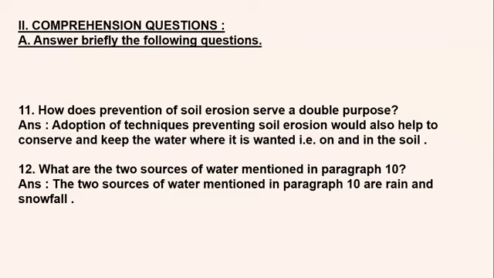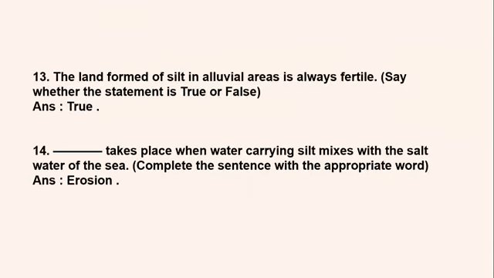From where do you get the water? From rain and snowfall. There are many other sources also, but here the question is related to paragraph 10, so you write these two things which are mentioned there. Hope it's clear, students. So let's move on to the next question.